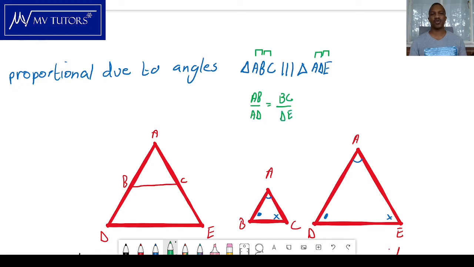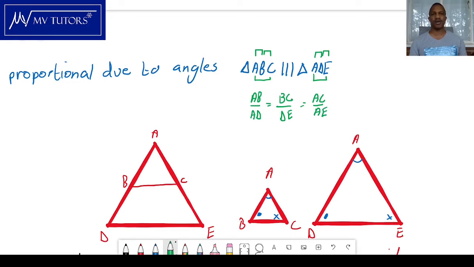So some questions will just give you this and not the triangles, but from this similarity you should be able to do the proportionality. And then the last one is AC over AE. That's how it works.